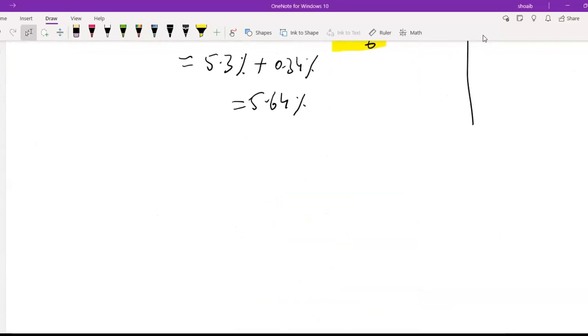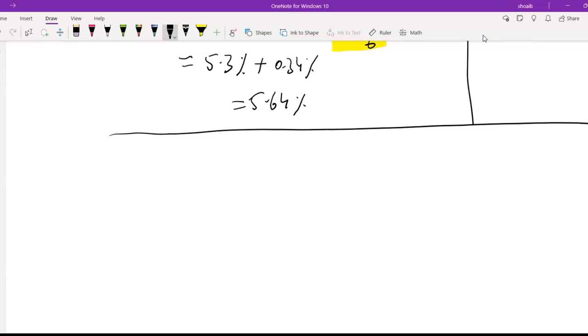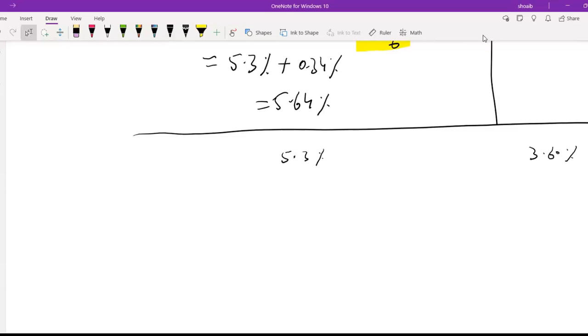That's all the option contract. So there are two cases. 5.3, 3.6. Okay. So number one step.